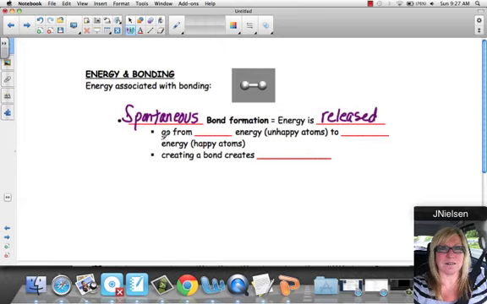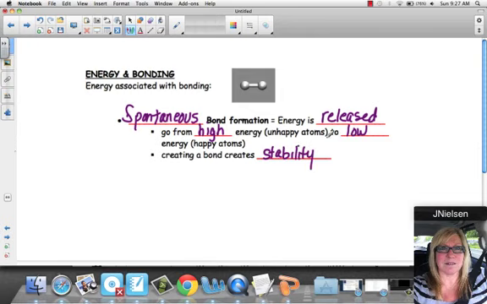And this happens when, when is energy released? When we go from high energy, unhappy atoms because it's unstable, to low energy, happy atoms because that's where it's more stable. So creating a bond creates stability.